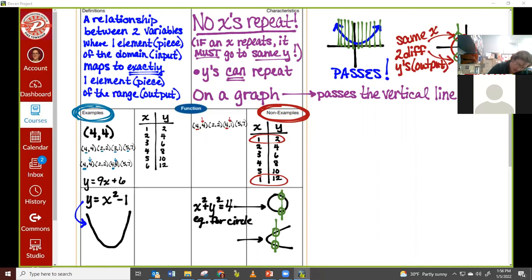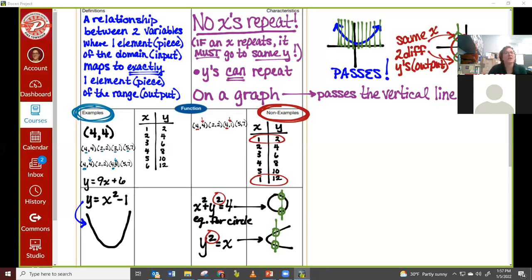Anytime you see a y squared, that means 2 y values for the same x. That's exactly what we see happening in that sideways parabola. That sideways parabola could have an equation that was, say, y squared equals x. This tells me one x has 2 different y's. So that would throw it out. Not going to work.